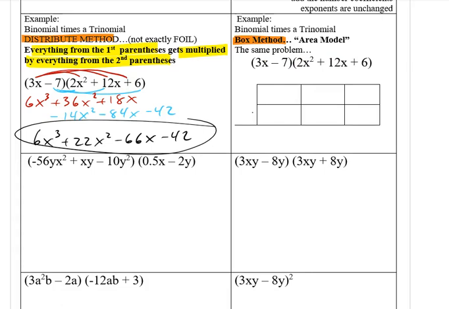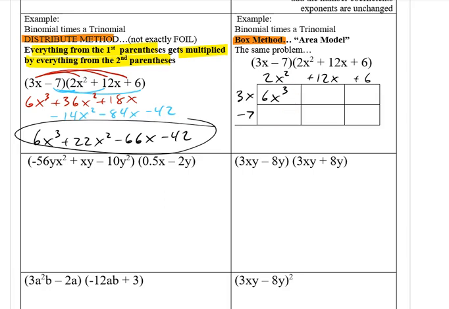And this will be a 3x and a negative 7. This is a 2x squared plus 12x plus 6. And so to get to this answer here, I'm going to multiply these two things here. And that would give me a 6x cubed. To get to this box, I'm going to multiply these two things to get here.